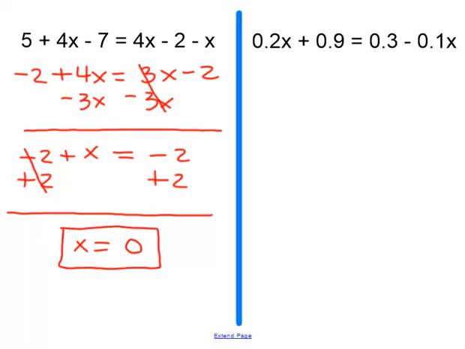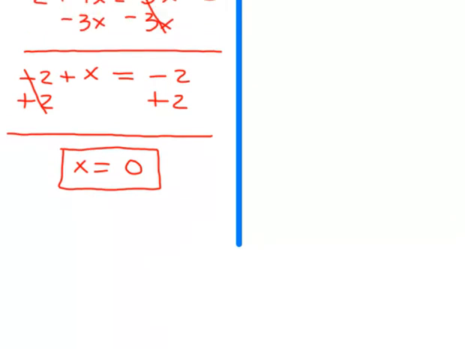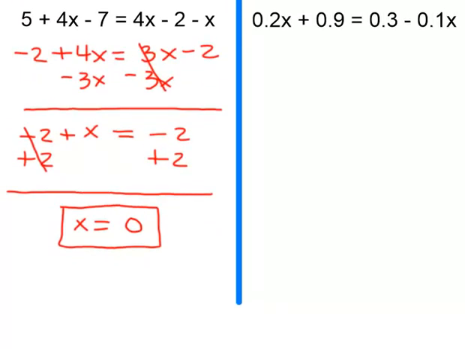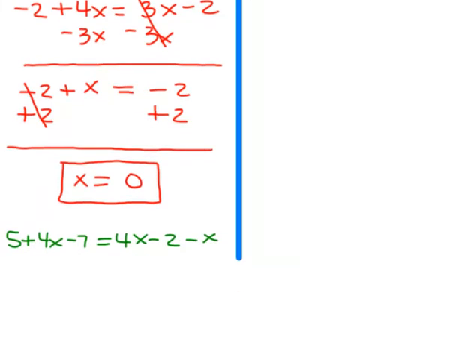So let's see if that is the solution to our problem. So we had 5 plus 4x minus 7 equals 4x minus 2 minus x. So everywhere there's an x, I'm going to put a 0 in parentheses.